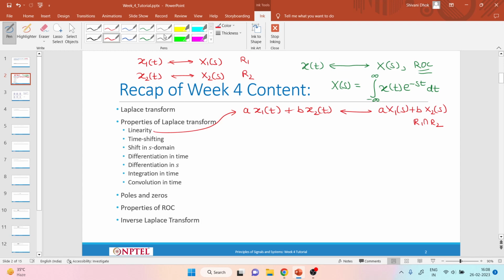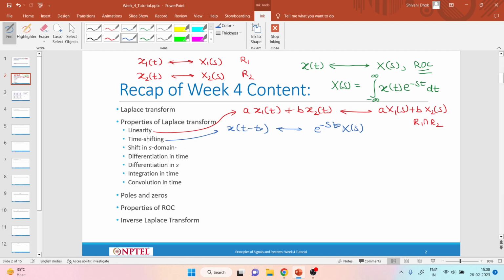Similarly, there were several other properties. The next one was the time shifting property. That is, if I shift a signal x by some factor t naught, then its Laplace transform will be scaled by this factor e power minus s t naught into x of s.